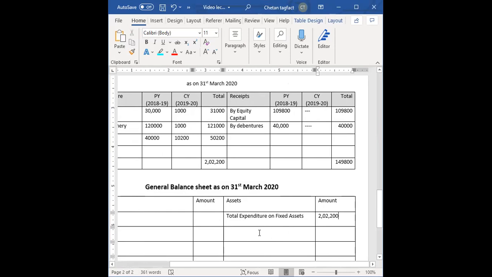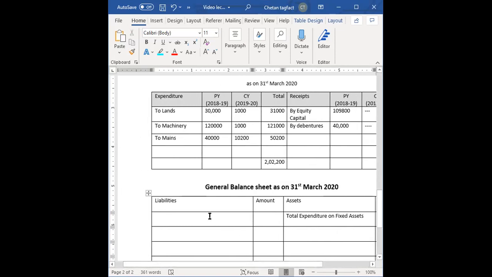And the next amount that we have to bring down is the total receipts. Total receipts is going to be your liability, because you have acquired the capital, we have generated the funds, and this has to be repaid. So this is going to be your total receipts, and this is a liability for us.